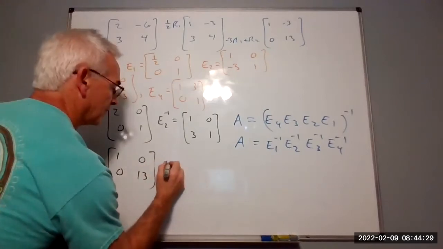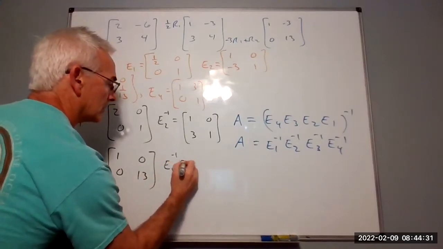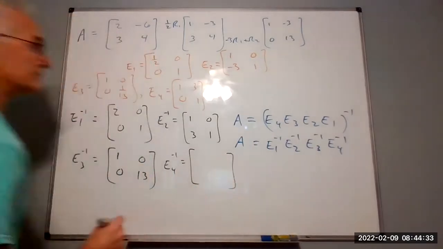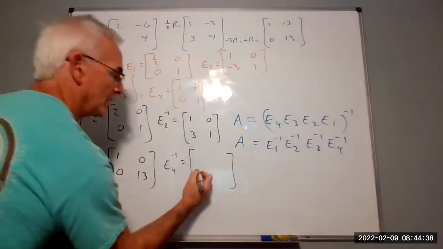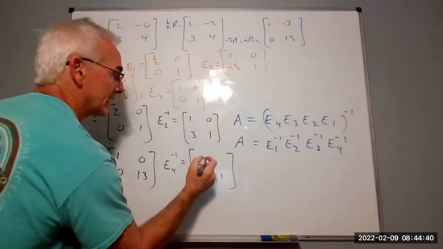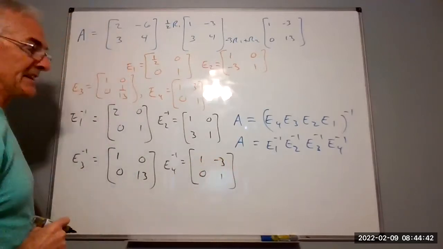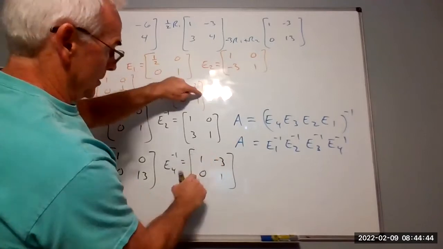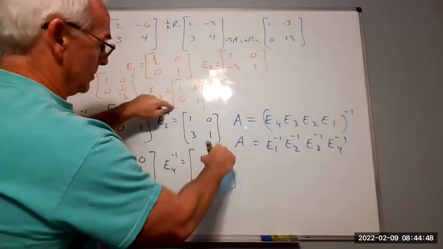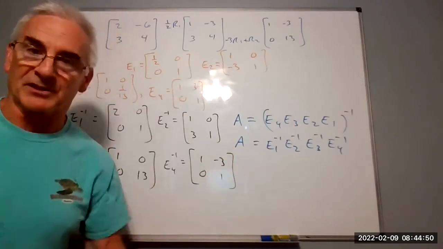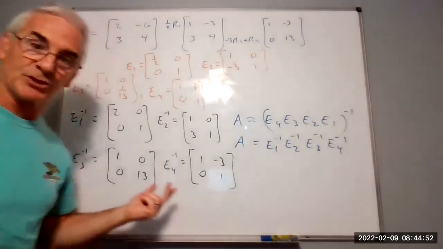And finally, E4 inverse. I took 3 row 2s and I added it to row 1. So now we will take -3 row 2s and add it to row 1. And again, 1, -3 plus 3 is 0, 0, 1. I don't need to physically do that check every time. I'm just doing that to show you.